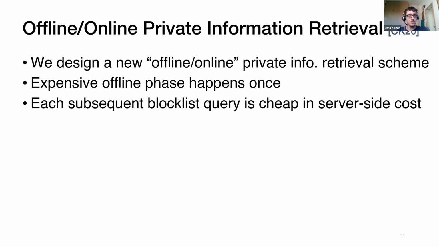And then after this offline phase, the client can subsequently query the database, where now each query is much cheaper in terms of the server-side work. So I now want to give a little bit more detail about how these offline-online PIR schemes work and what exactly is the model.